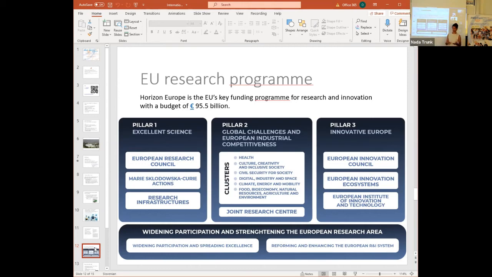So in practical terms, when we present a proposal for a project, you cannot even apply unless you have six or seven countries on board from different institutions and so on. And here you see that this is a policy push, a demand of the EU that we collaborate.